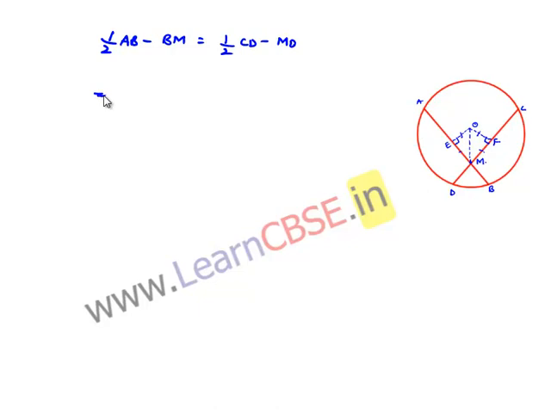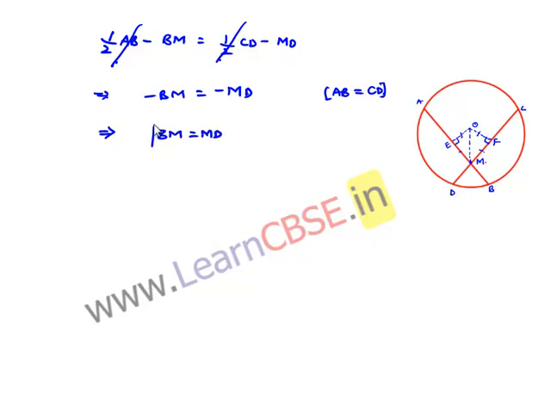But we know that AB is equal to CD since we have taken equal chords. Therefore half AB will be cancelled on both sides. We are left with minus BM is equal to minus MD, which implies BM is equal to MD.